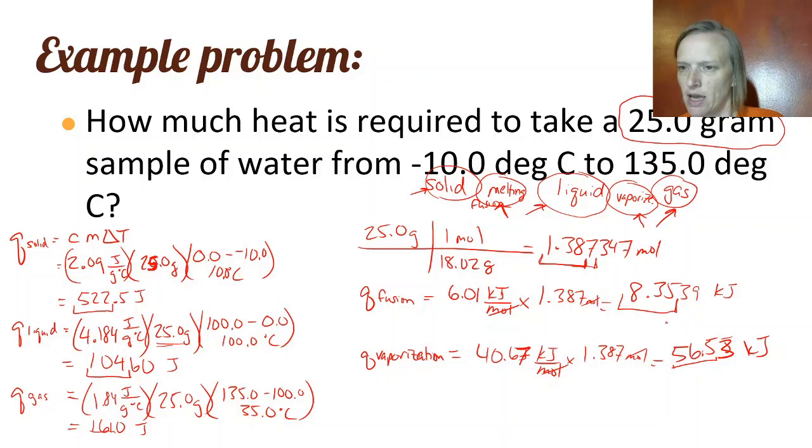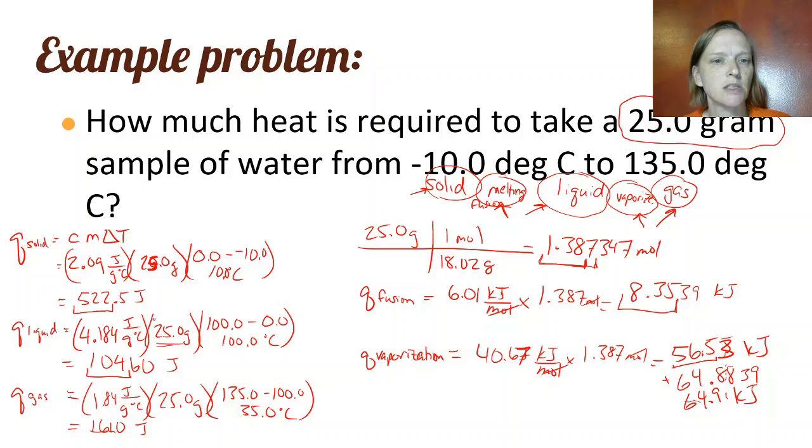So my answer from adding those 2 together, according to the calculator, is 64.8839, but I have to round that off to the 10ths place. So I get 64.9 kilojoules for this portion of the reaction.